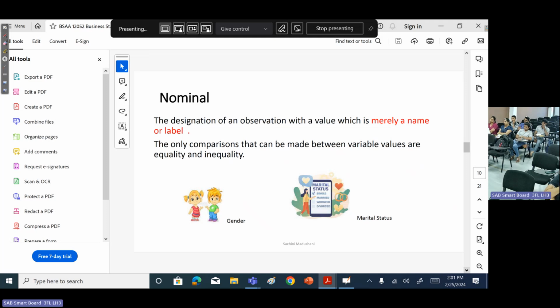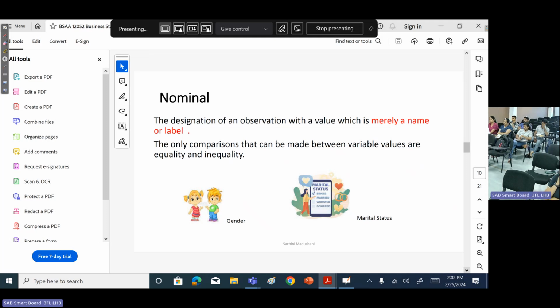Understood? In the nominal level of measurement, do you know the mathematical operations? In mathematics, we use addition, subtraction, multiplication, division, the equal sign, not equal sign, greater than, less than. These are the mathematical operations.